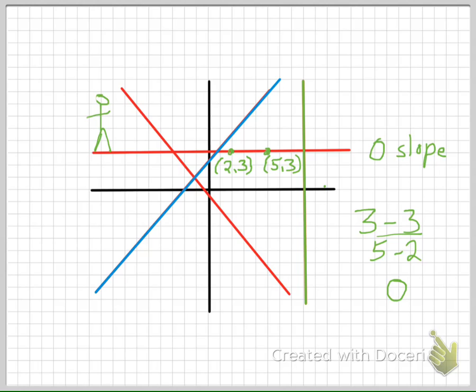If it's a horizontal line, there isn't a slope. My change in x is 3 here, but it really doesn't matter because what's 0 divided by 3? 0, right? How many groups of 3 can you make out of 0 people? None. You can't make groups of 3 out of no people, right? Okay. Now, that leaves us with our last line.